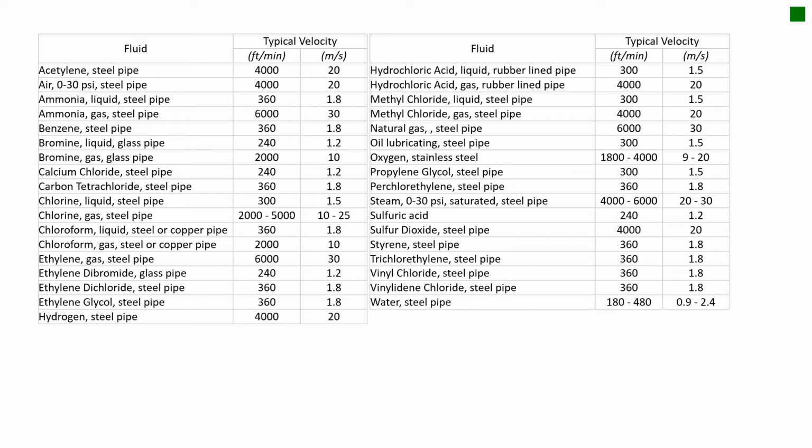Gases will typically have a much higher velocity than liquids. In our case, we're dealing with water, and we'll assume that we have a steel pipe. So the recommended velocity of water flowing through a steel pipe is between 0.9 and 2.4 meters per second. So we can use this to help us determine what's the proper diameter of the pipeline.